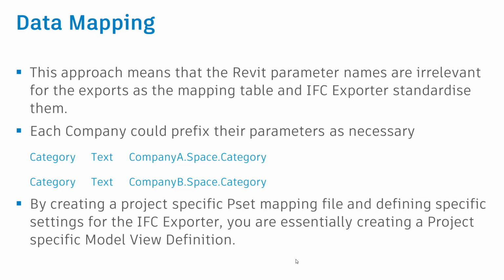If you're working on a project, you can set up a data mapping file for all the organisations. So you can have company A parameter name, company B parameter name, and map them to the same IFC parameter. I strongly recommend that when you're working on projects, you work through this at the very start of the project, and define and document this within your BIM execution plans.